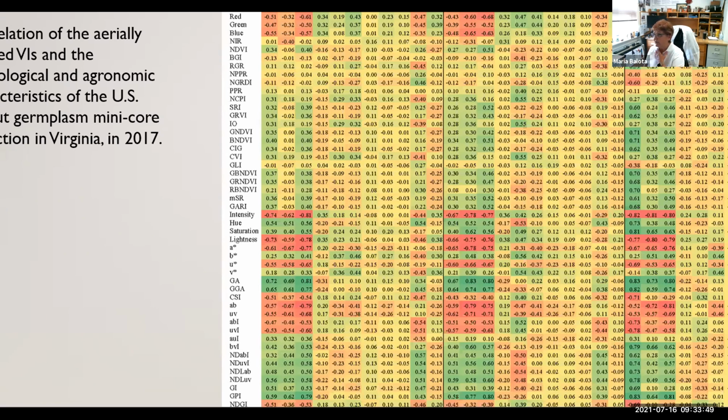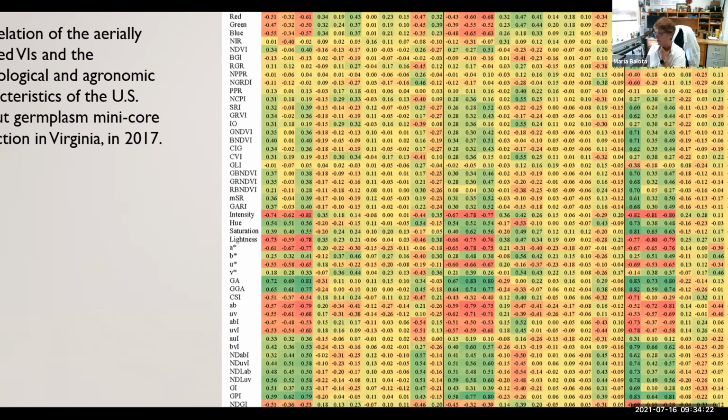What is important to observe is that in 2017, the associations were pretty much the same for the VIs across all botanical types. And they were stronger for stem count, plant height, lateral growth, yield, and also for wilting and TSW.